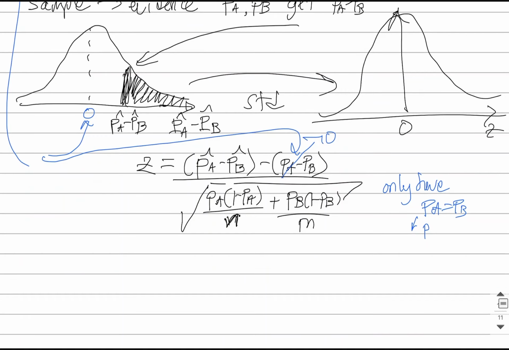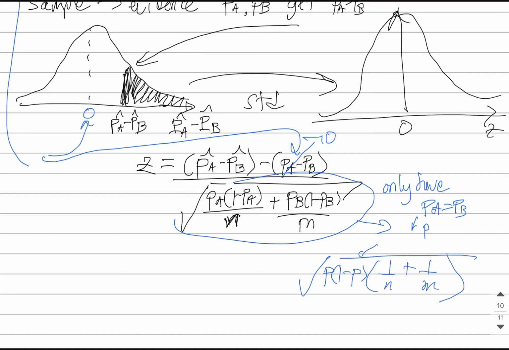If those two are true, then this sample standard error has a common factor that you could pull out. It'll have a common factor of P, 1 minus P, and we'll have 1 over N plus 1 over M. But the headache is, what is this thing P? You could pick one of the two sample proportions to do it, but what we do instead is we construct what's called a pooled estimate.